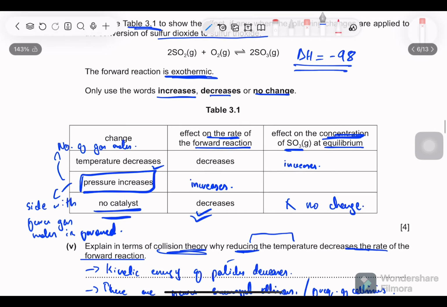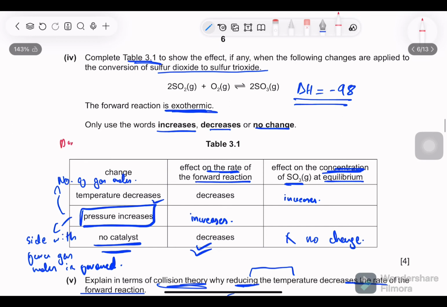If pressure is decreased, however, the side with higher gas moles is favored.